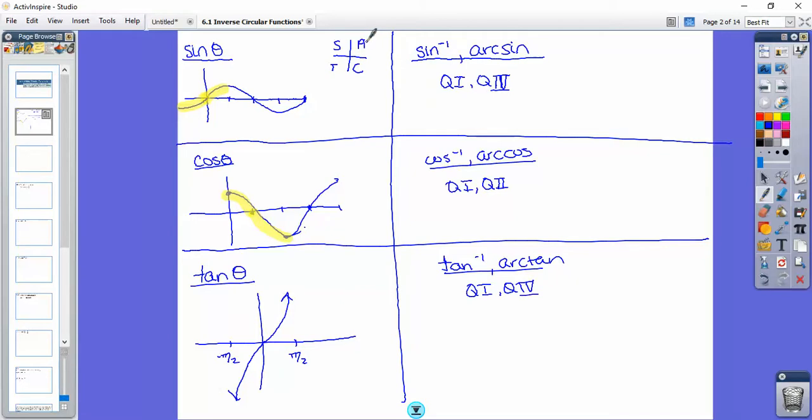Again, you could use this little trick. Tangent is technically negative in both 2 and 4. We pick 4 so we can have consecutive quadrants without a break in our graph, without an asymptote in the middle.